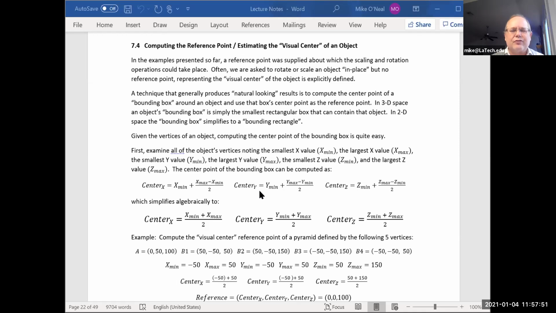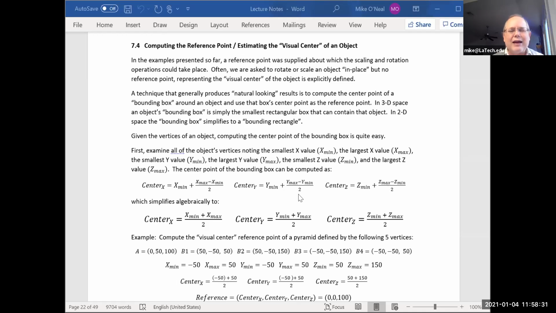And for y, same sort of thing. Our y center will be, well, this gets us to where the box starts, max y minus min y, that's the width of the box, divide that by 2. If we add that to where the box started, that'll give us the y center. And then z center is the same way: find the minimum z, that's where the box starts in z, find the length of that dimension in z, max minus min, divide by 2, add that to where you started, and now you'll have the center point of x, y, and z.